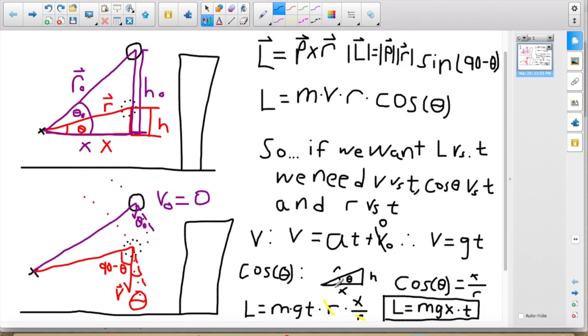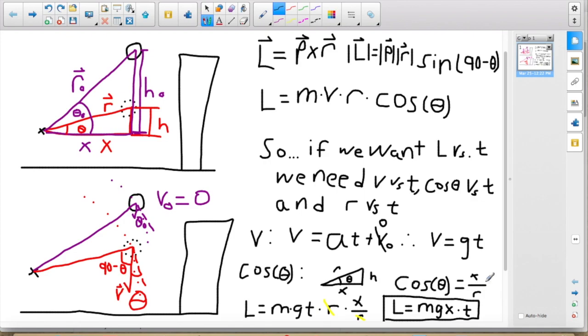All right, so next we're going to get an equation for cosine of theta in terms of time. So to start off with, I'm going to take this triangle right here, the red triangle. We've got a hypotenuse r, a height h, and a base x. And we can use trig to get an equation for cosine of theta. So cosine of theta is adjacent over hypotenuse. So adjacent would be x, hypotenuse would be r, so cosine of theta equals x over r.